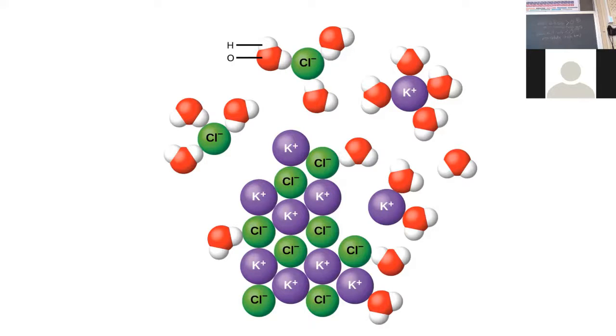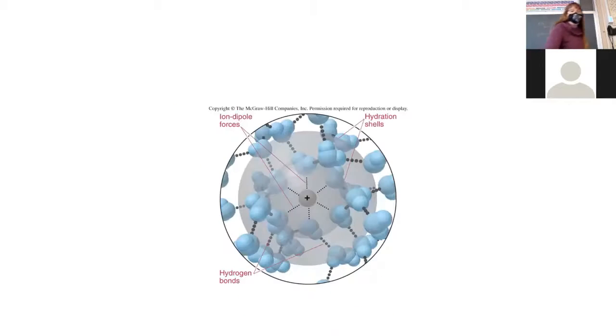And then we also were talking about entropy, where we said entropy kind of plays a factor because the universe doesn't like things to get more organized. But when we have ions in particular, water molecules or polar solvent molecules are going to start orienting themselves in a more organized fashion around those particles.